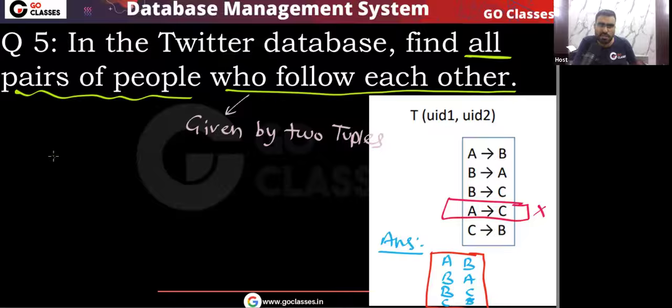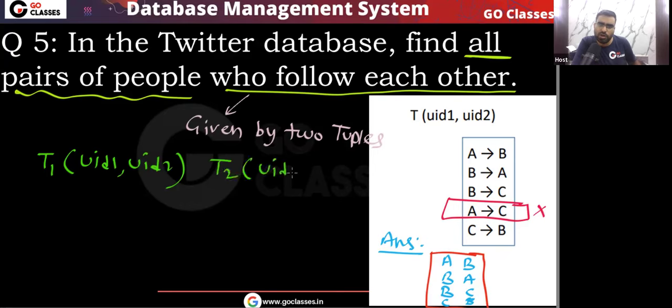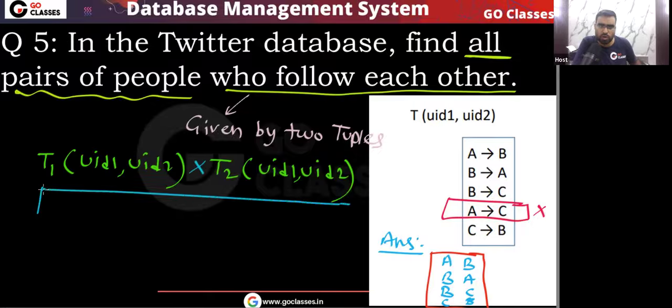So it is like this. I will take two copies, remember. T1 copy I will take where you have UID1, UID2. T2 copy I will take where you have UID1, UID2. So two copies of this table I will take, and I will do their cross product. Now in this cross product, which type of tuple am I looking for?